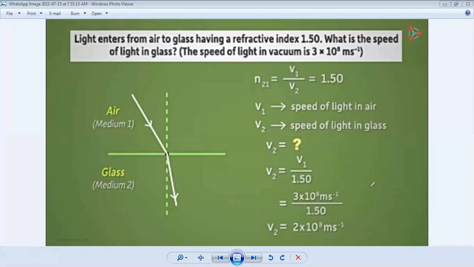See, I'm explaining it again. Come on, girls. The question is, a light ray is traveling from air to glass. The speed of light in air is V1 and the speed of light in glass is V2. Now we are asked to calculate the V2 value.